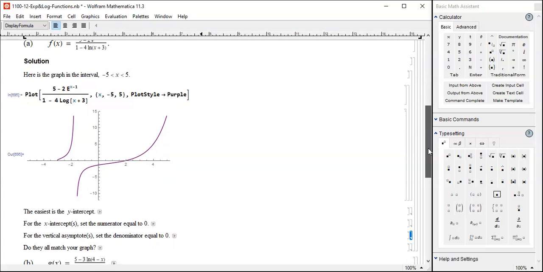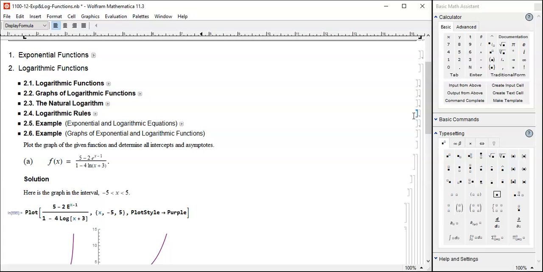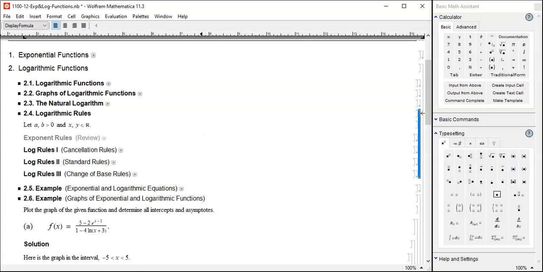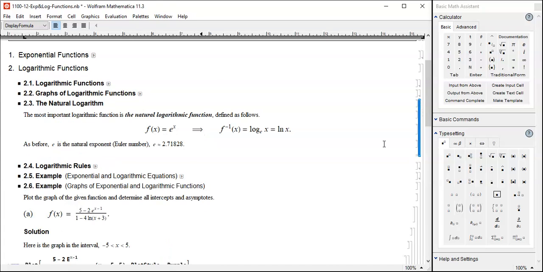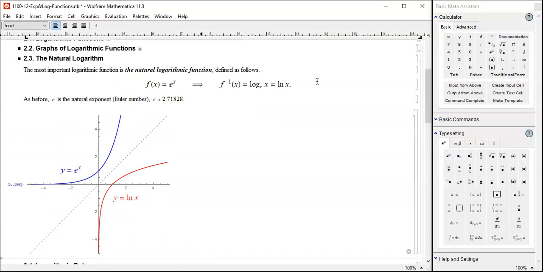Some additional comments here. They all match the graph, but there's one more potential problem, that is log of 0. Log of 0 can become a problem. No, not here. Log of 0 here goes down to negative infinity like this.